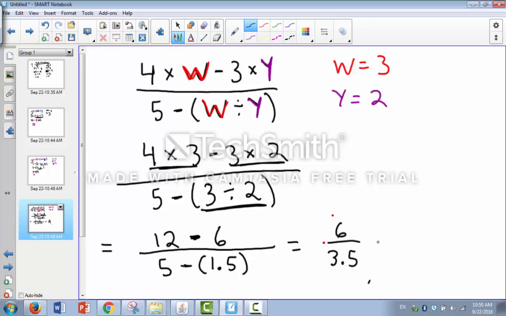It's going to be a decimal. 1.714. So I want it to the nearest tenth. I look at the number after. This is a 1, so we just leave that at 1.7.